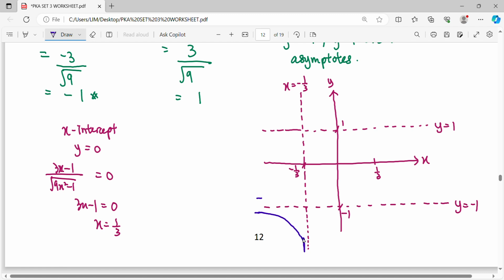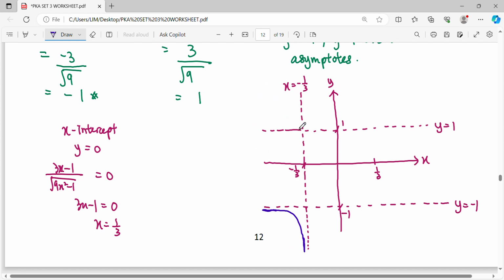So this is the meaning when your x approaches negative infinity, so your function approaches negative 1. So done this part.